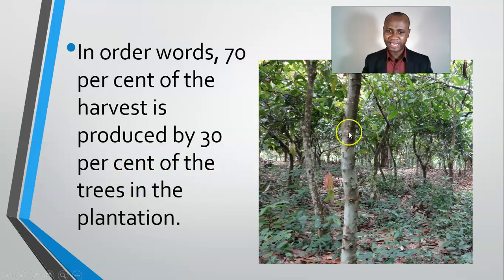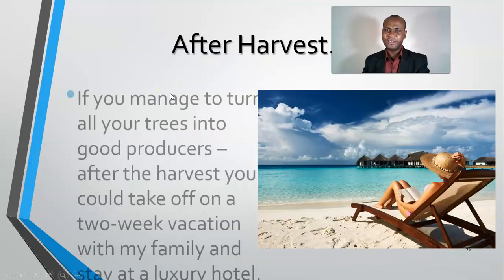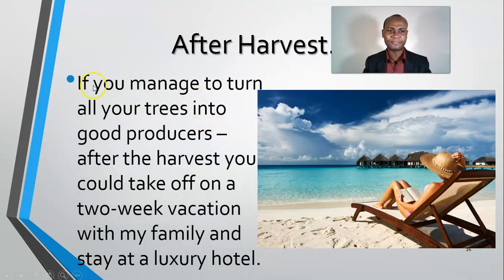As you can see in this picture, this is a cacao plantation. However, you don't see any fruits on the trees. This happens as a result of too much variability. The tree here is too different from the tree here, and too different from the tree here. Genetically, they are too different, and when that happens, yield will decline drastically.